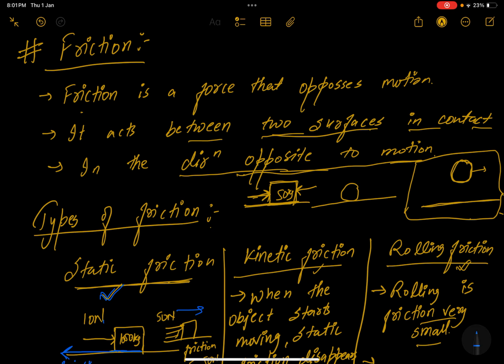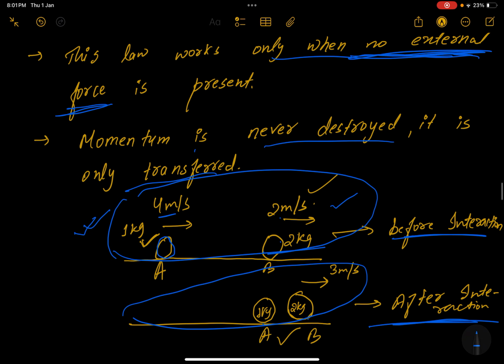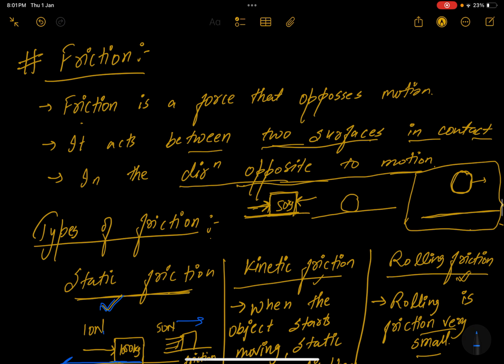So that's how conservation of momentum occurs. Momentum is never destroyed, it is only transferred. Remember this, and remember this also, no external force should be present to apply this conservation of momentum.